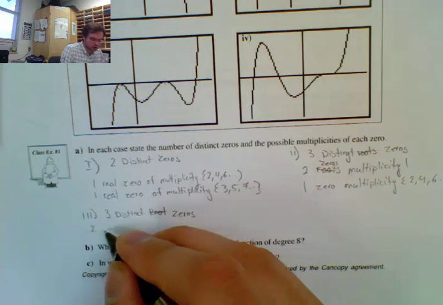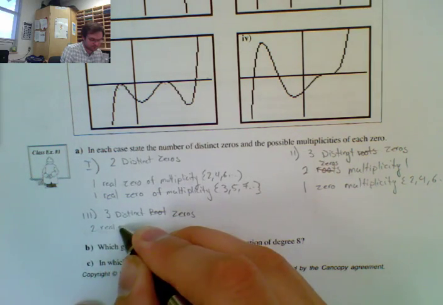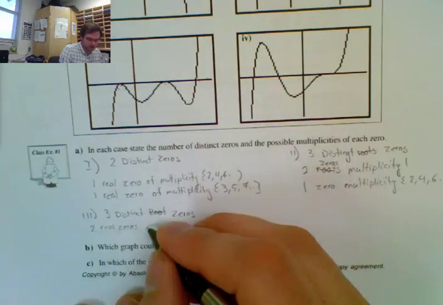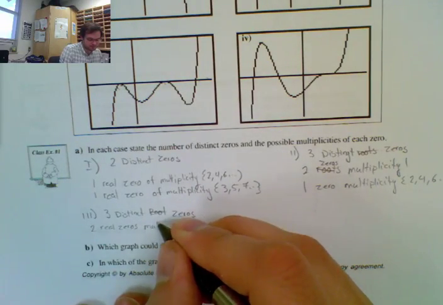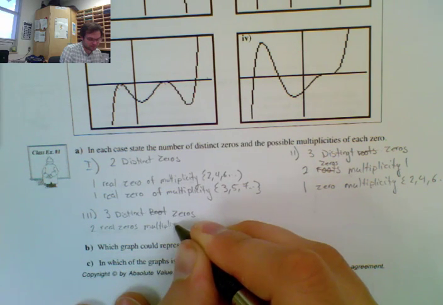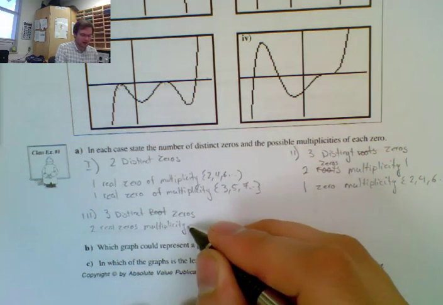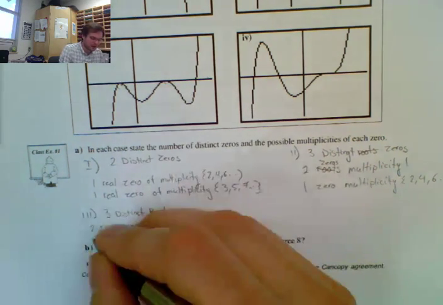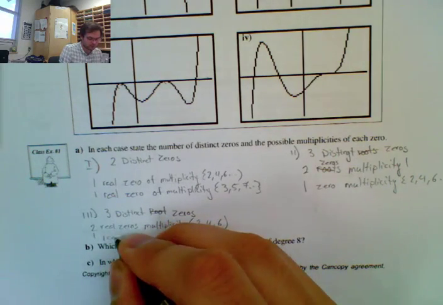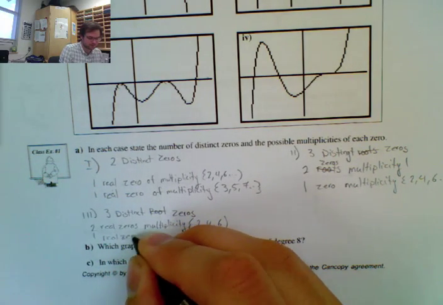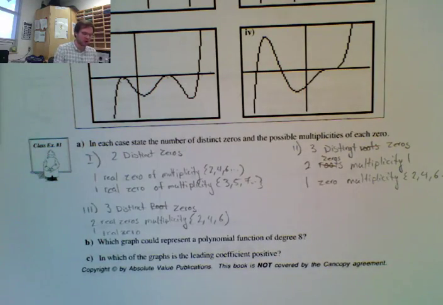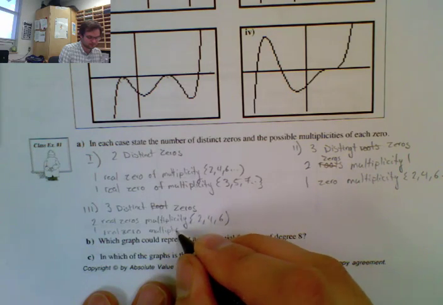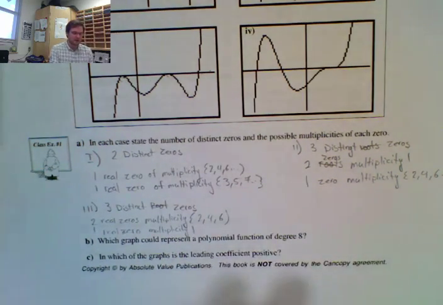I have 2 real zeros of multiplicity 2, 4, or 6. And I have 1 real zero of multiplicity 1. Okay, now let's take a look at number 4.